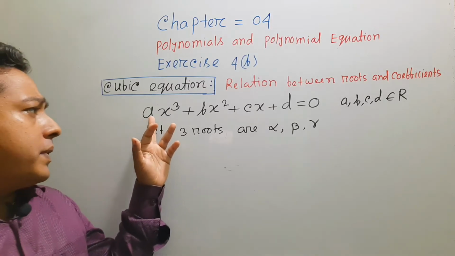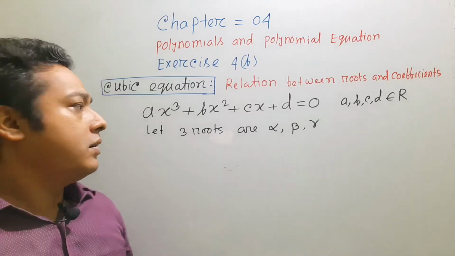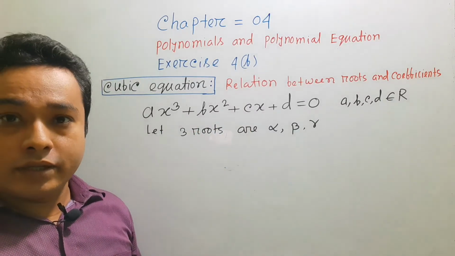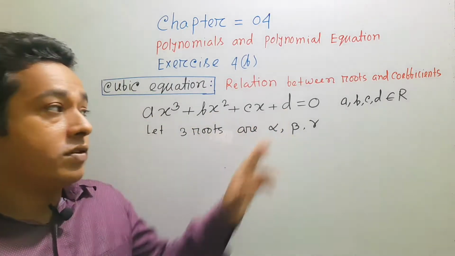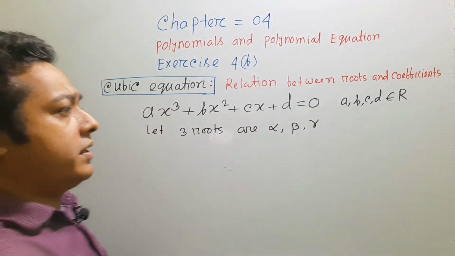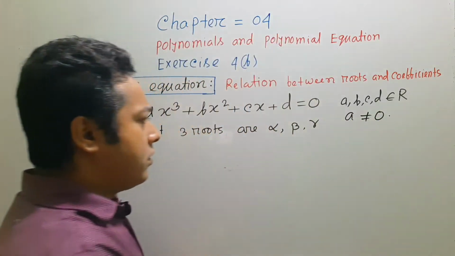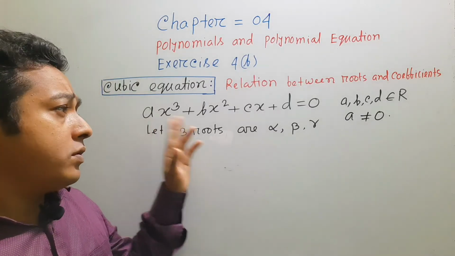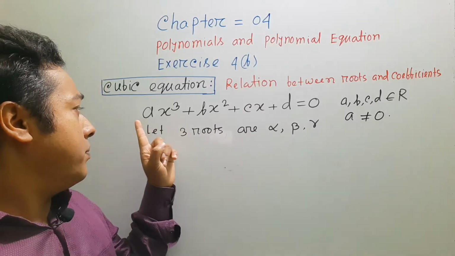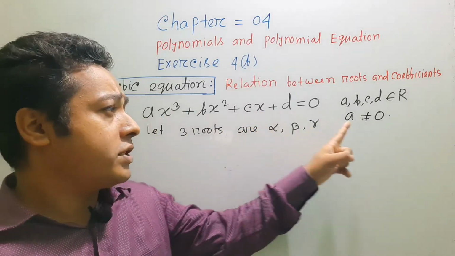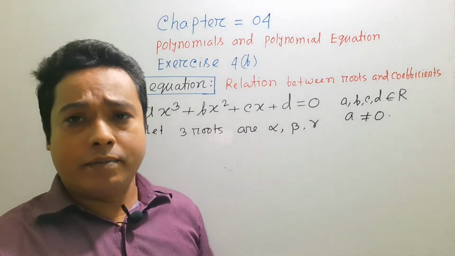But if a is 0, what will happen? Then this equation will not be cubic. That's why the main condition for a cubic equation is a not equal to 0. If a is equal to 0, then this equation will not be a cubic equation. And b, c, d we can take as any real number.